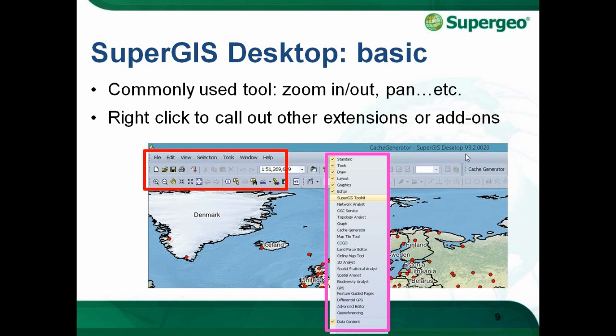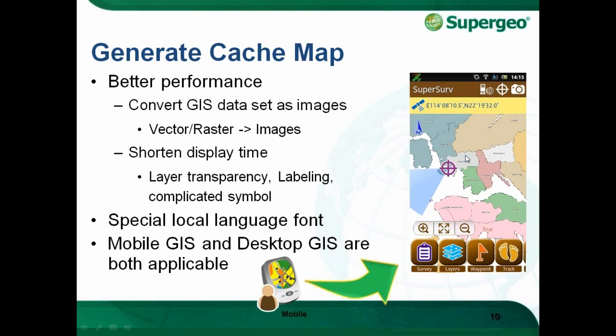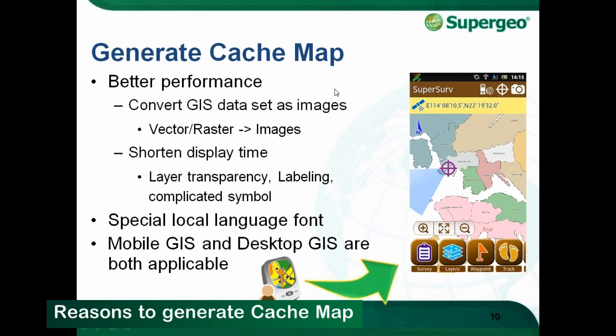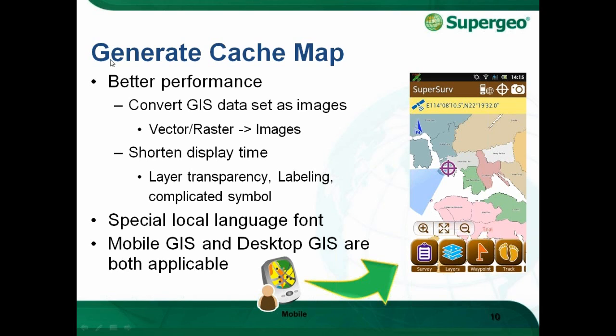So let me go to the first scenario, which shows how to display the GIS data in a fast way. We will introduce our generate cache map function through our cache generator.